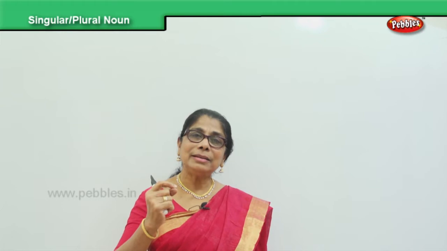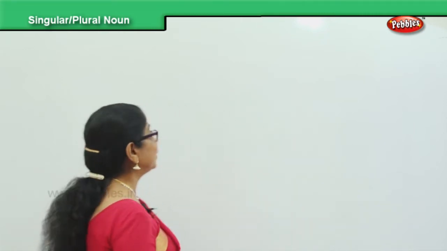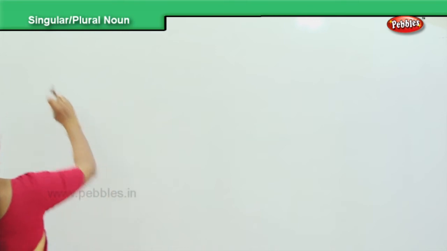So, in this rule number 4, if the singular noun has a Y and there is a vowel before it, to form the plural form, you will simply add an S to the singular form. And that will get you plural. It's very simple. Again, remembering rule is difficult, but let us practice.